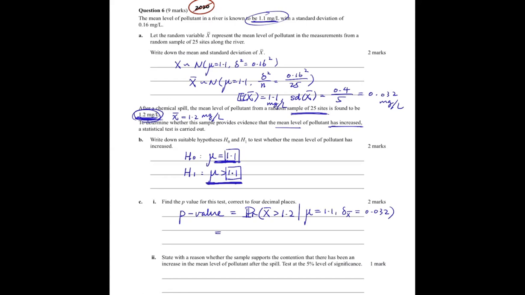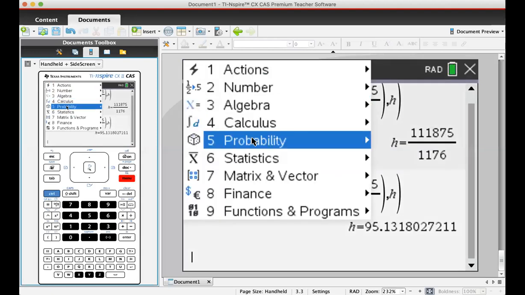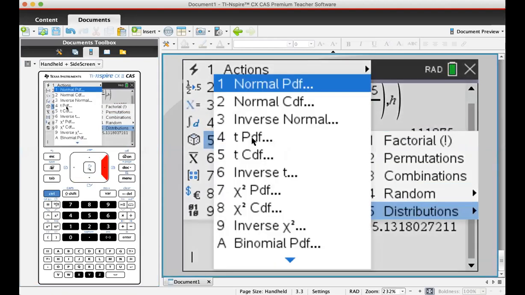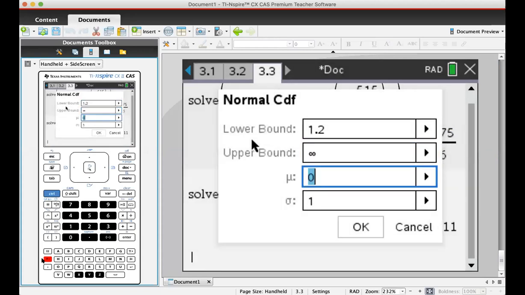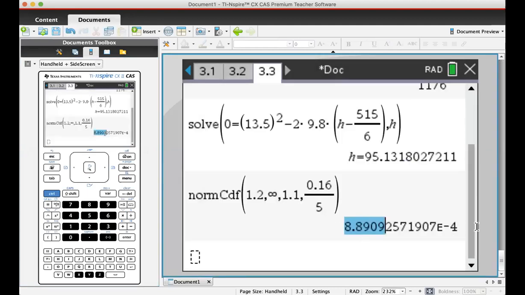Alternatively, let me show you. Menu, probability distributions, normal CDF, from 1.2 to positive infinity, greater than, right? Mu value is 1.1. Sigma is 0.16 divided by root 25, which is 5. Should give you that number, but I don't quite like the scientific notation.